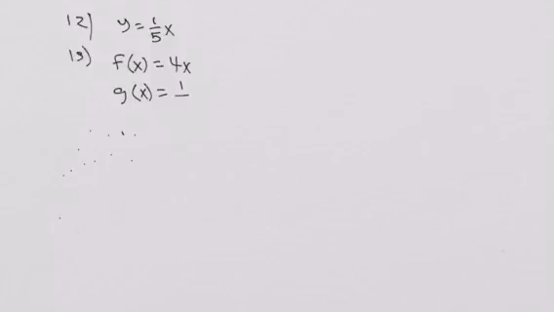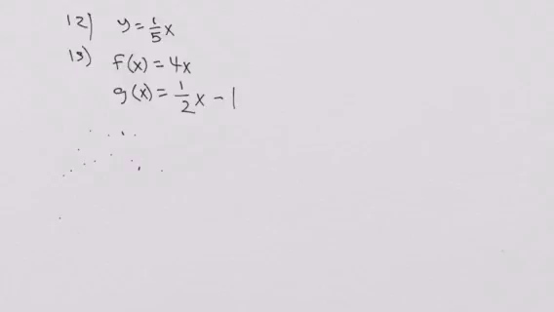13. You had it right. I can barely read what your mother sent me, but we started off with f of x equals 4x, and we have to try to figure out what we did to get from that to g of x equals 1/2 x minus 1.